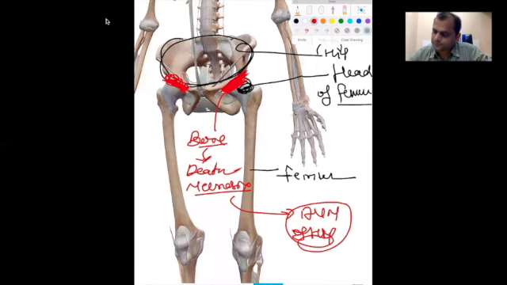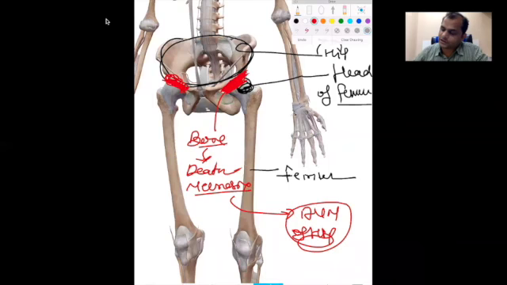But we can improve the circulation of this junction of the femur and the hip bone with this heart gate point. So this point is very much effective for AVN of the hip.